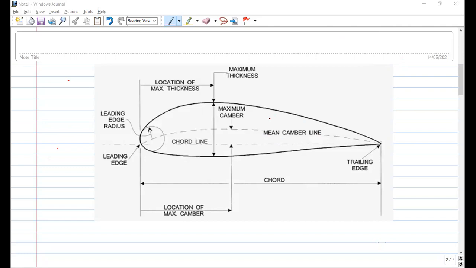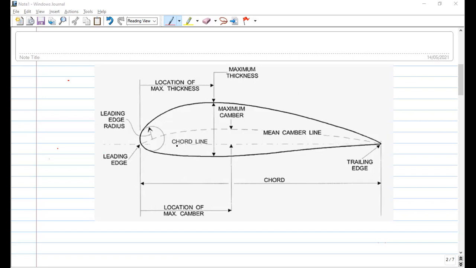So ibig sabihin, yung camber line or mean camber line are also known as the camber. So sa ibang book, it is also denoted as the camber itself. So yung camber natin, siya yung nagdi-divide or equidistant yung ating upper surface and the lower surface.